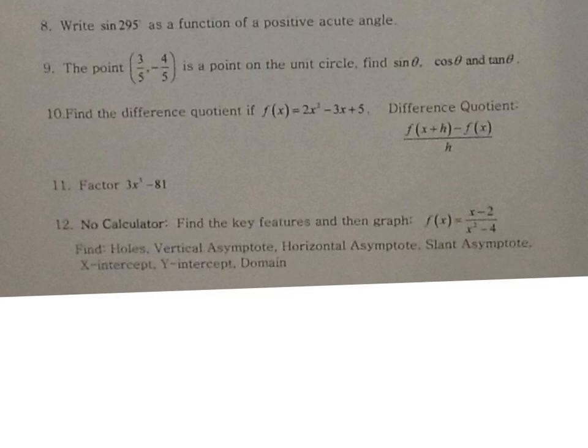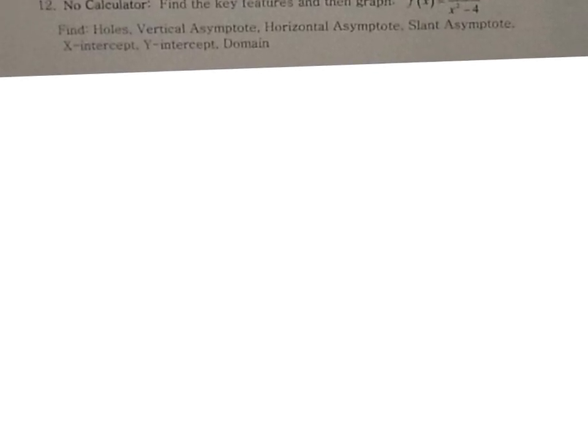All right, so let me just write this down here so I have room. So we have f of x equals 2x squared minus 3x plus 5.